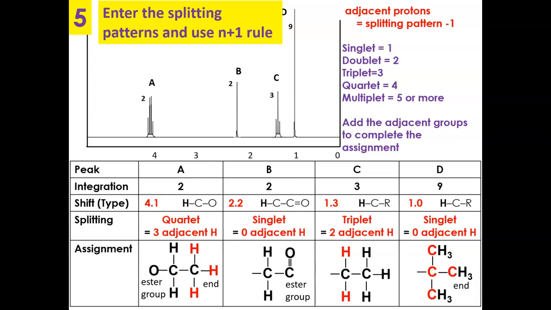Now what that means, using the n+1 rule in reverse, is the number of adjacent protons is the splitting pattern number minus 1. So our quartet, or 4 take away 1, means there must be 3 adjacent protons to our CH2O group.